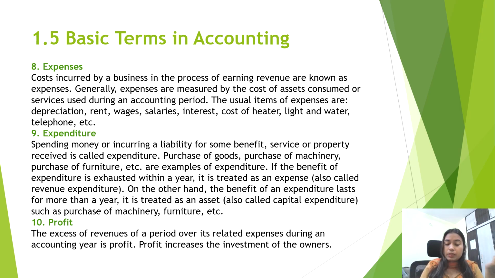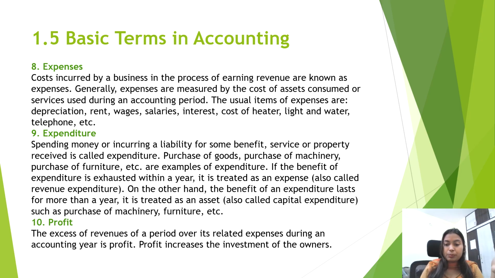So what does it mean? Revenue expenditure means any expenditure that is exhausted within a year. If it gets exhausted in one year, that will come under revenue expenditure. But what does capital expenditure mean? Anything for which the expenditure lasts more than a year will come under capital expenditure, like machinery and furniture, because it will obviously last for more than a year.